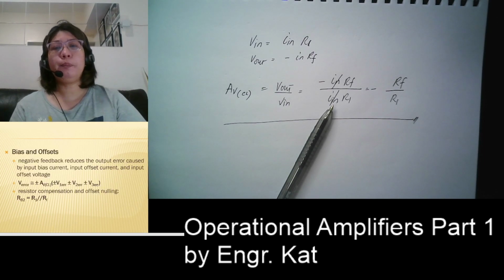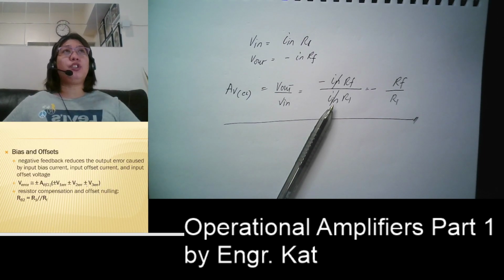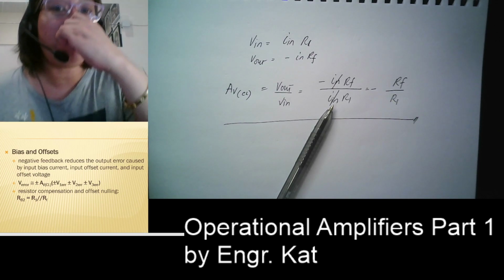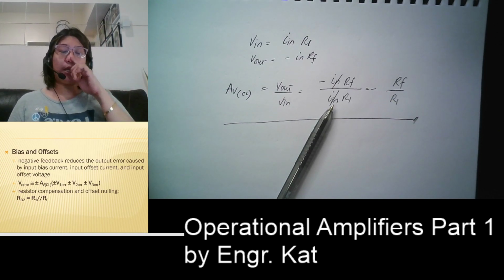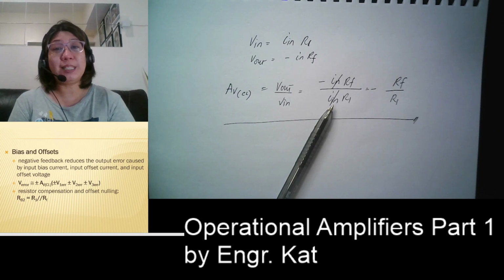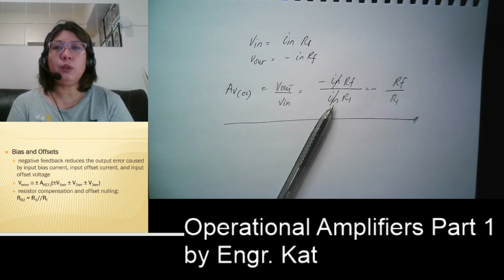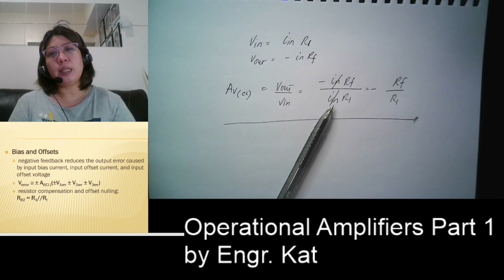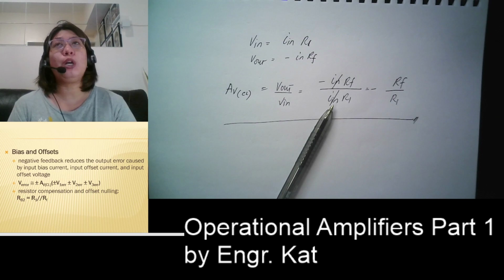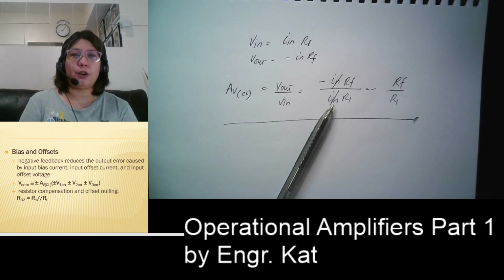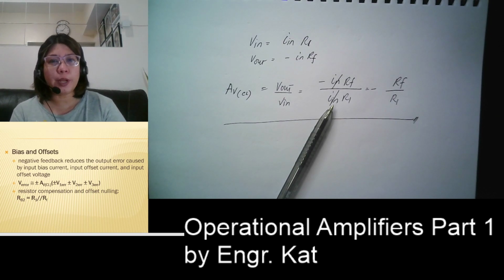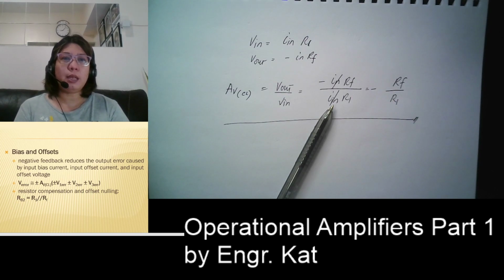For the bias and offset, this is just the same with our differential amplifiers and with the values that we have discussed in our previous video number 1. So for bias and offsets, the negative feedback also reduces the output error caused by the input bias current, input offset current, and the input offset voltage. Why?